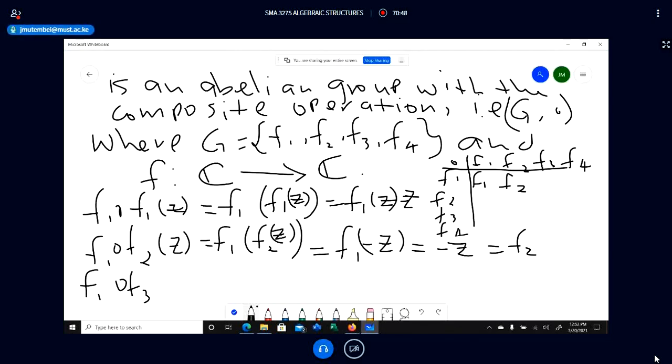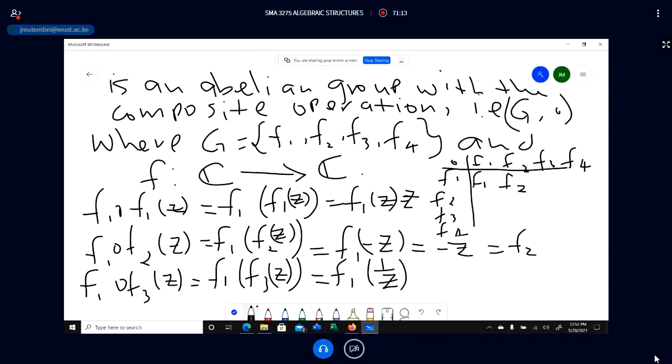F1 composite F3 of Z becomes F1 of F3 of Z. F3 of Z is 1 over Z, so F1 of 1 over Z. And for F1 of 1 over Z, our Z now is 1 over Z, so it will be 1 over Z. And 1 over Z in terms of the functions that we are having is F3.